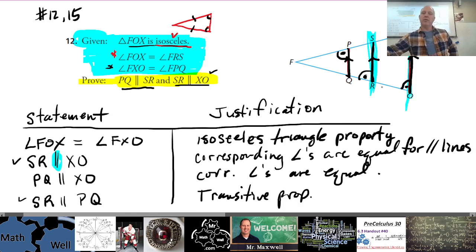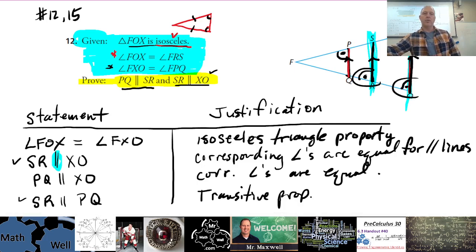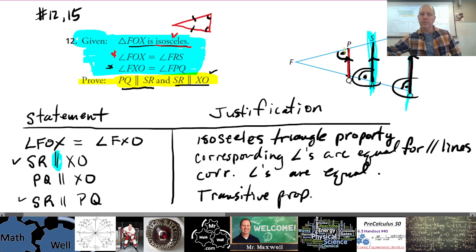So if these two angles are equal, then these two lines are parallel. Also, PQ is parallel to XO because, again, corresponding angles are equal for parallel lines.